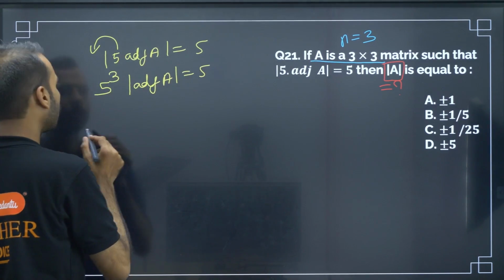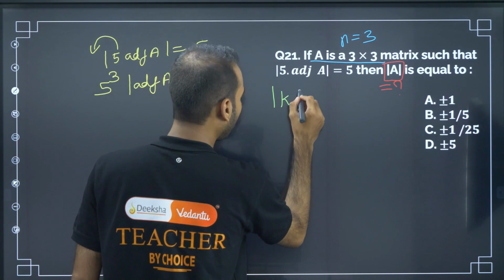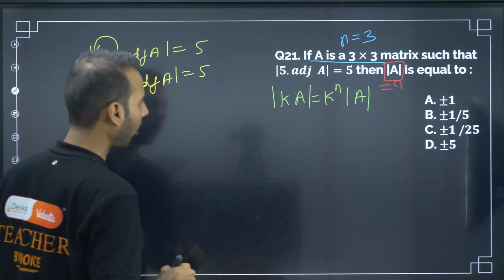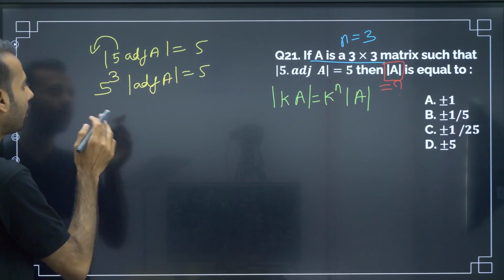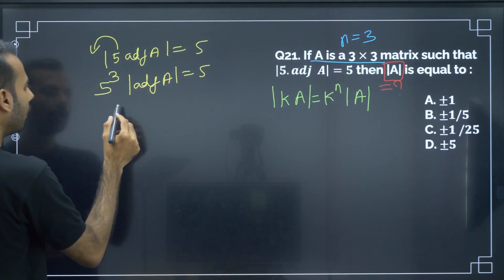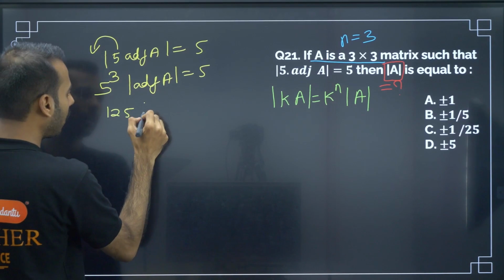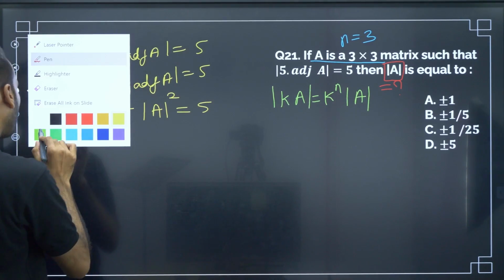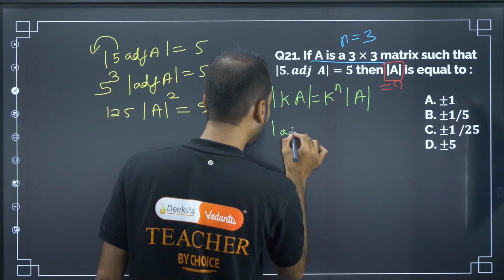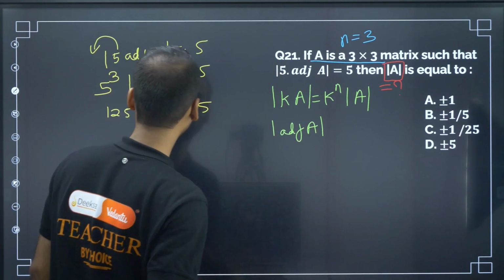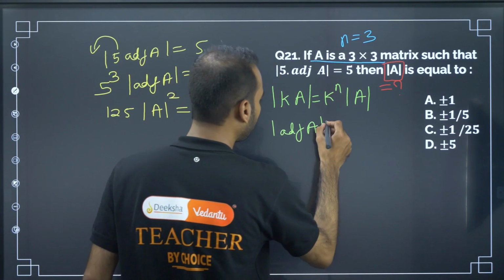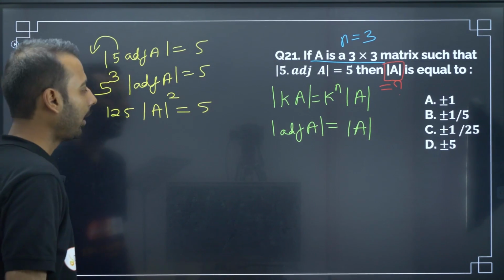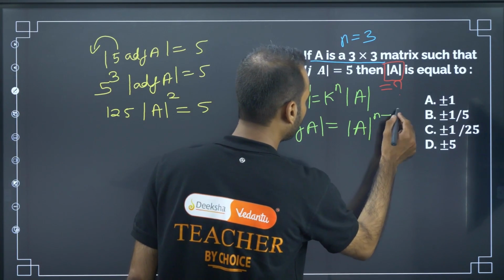Again, we are using one property, determinant of kA is k to the power n times determinant of A. So n is equal to 3 according to that property. Now 125 determinant of adjoint of A is equal to phi. Again, one more property we are using, determinant of adjoint of A is determinant of A to the power n minus 1.